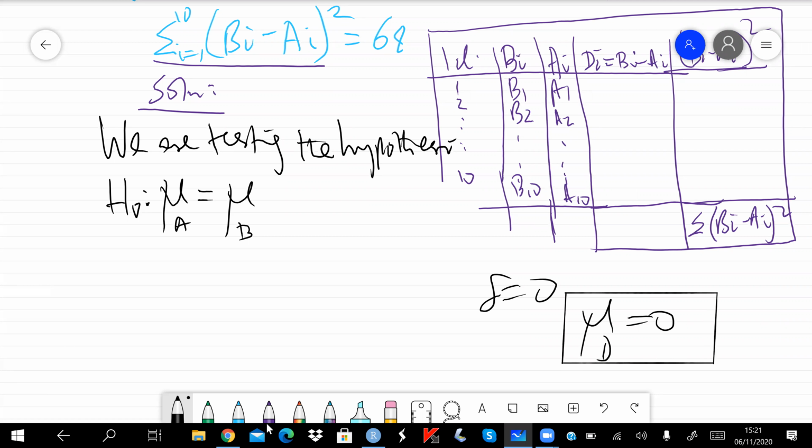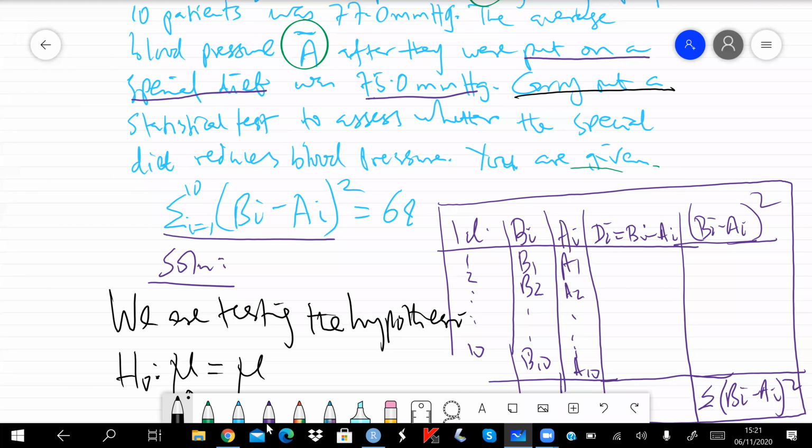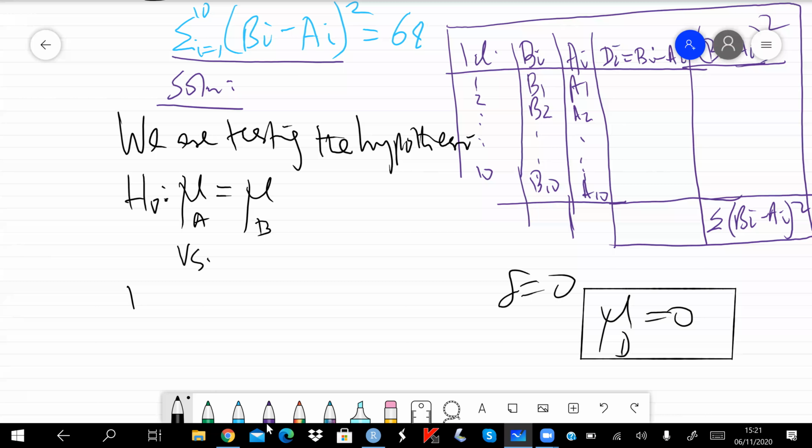We're doing that against the alternative hypothesis that is always given in the question: carry out a test to assess whether the special diet reduces the blood pressure. So our H1 will be mu A is less than mu B, which calls for a lower tail test.